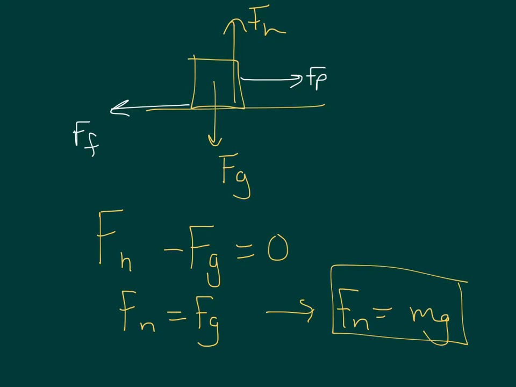But if I pull at an angle, like so, now Fn is not equal to mg, because I have to break up Fp into Fpy and Fpx. And now the Fpy component right here is a part of a force in the y direction, so this would change. This would be Fn plus Fpy minus Fg.